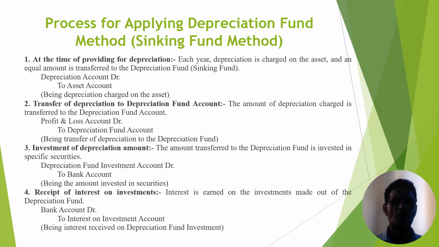It means it is the accounting treatment for the depreciation fund method. Listen carefully. At the time of providing depreciation, every year depreciation is charged on assets and an equal amount is transferred to the depreciation fund account.